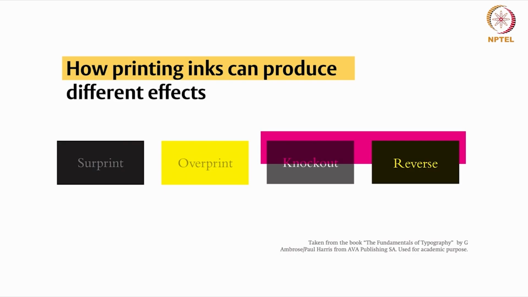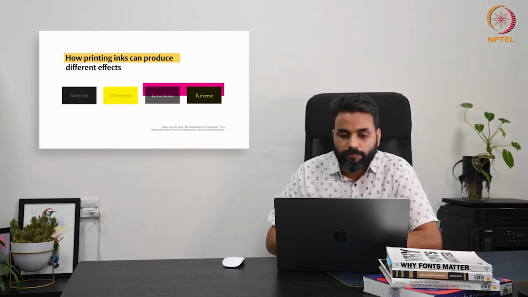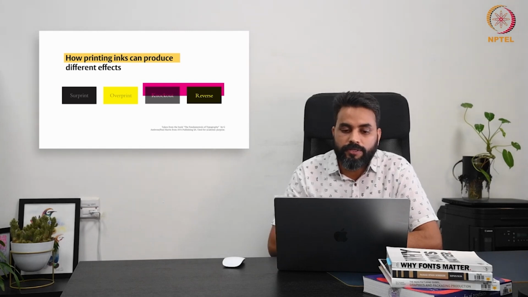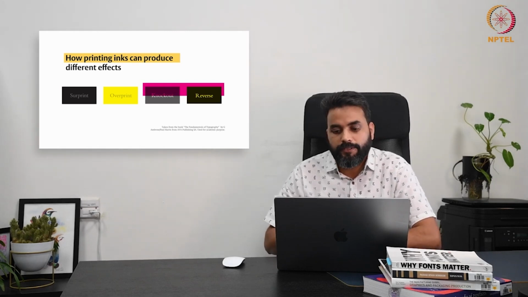In the last option, if you look, yellow is printed out of black, blocking the cyan which is in the background. Clear? So I hope you will remember these different concepts in terms of printing ink in a different format.